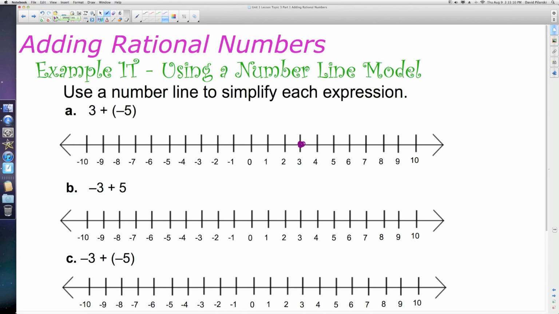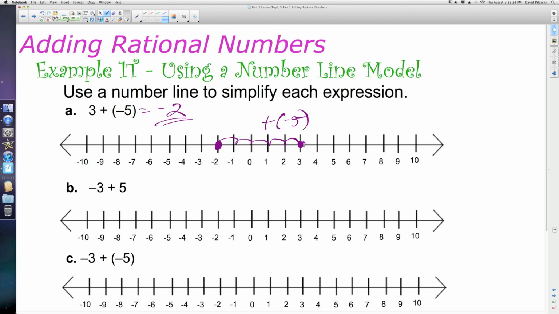So I'm just going to put a little dot there. Then it tells me to go plus negative 5. Well, negative 5 would be 5 to the left, so we'd go 1, 2, 3, 4, 5. And 3 plus negative 5 gives us a negative 2. So the answer here is negative 2.